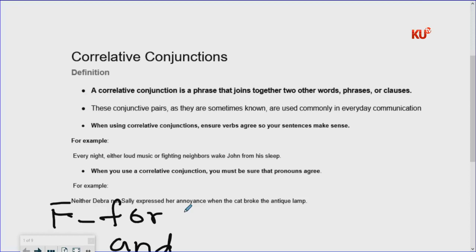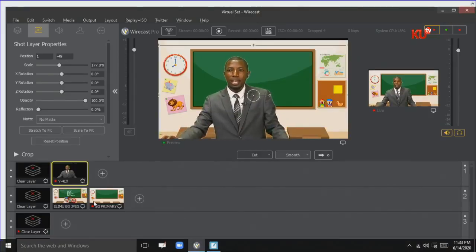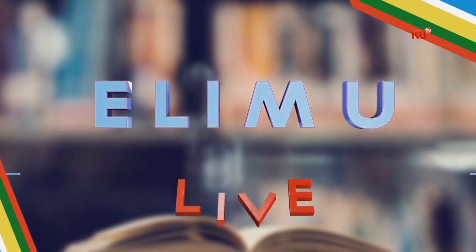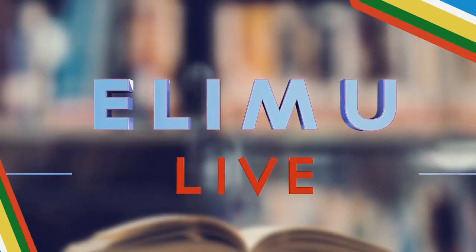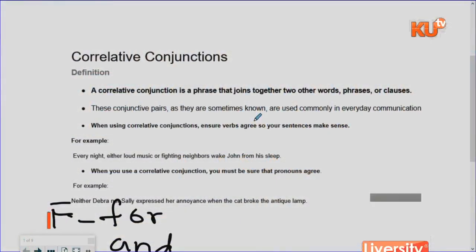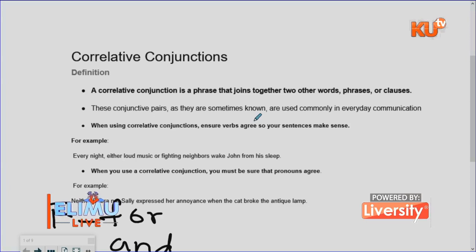Let me give you an example in a sentence. I get over my nausea. I will never be an astronaut. So unless can be used to join those dependent clauses: Unless I get over my nausea, I will never be an astronaut.